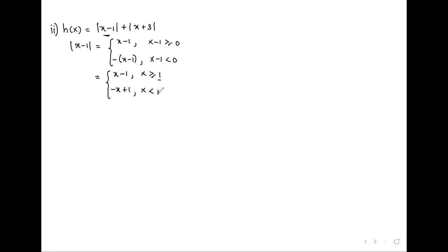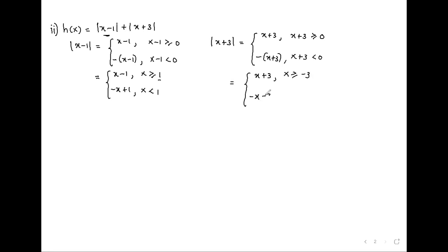You leave this one, you get another one, x plus 3, and say this is x plus 3 as it is, comma, when x plus 3 is greater or equal to 0, minus x plus 3, comma, when x plus 3 is less than 0. This is x plus 3, comma, when x is greater or equal to -3. Then you expand negative x minus 3, comma, when x is less than -3.